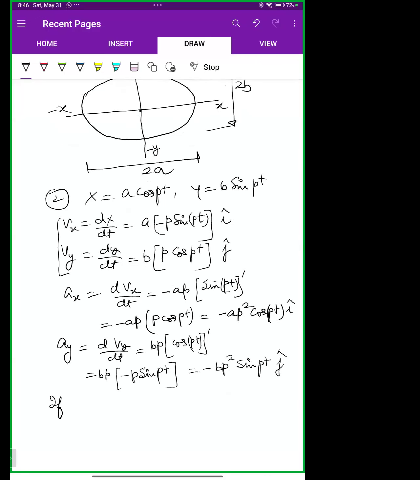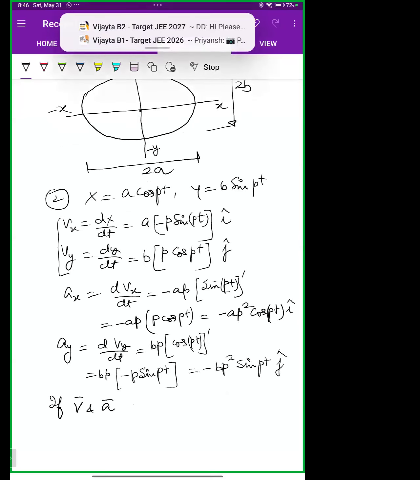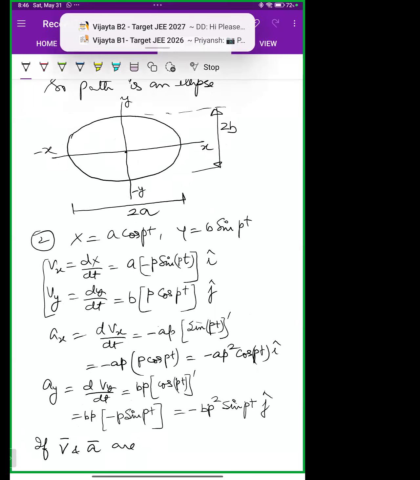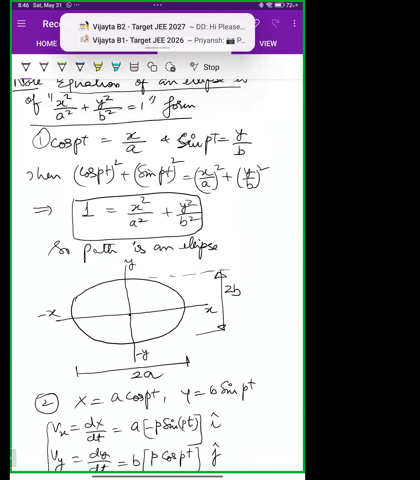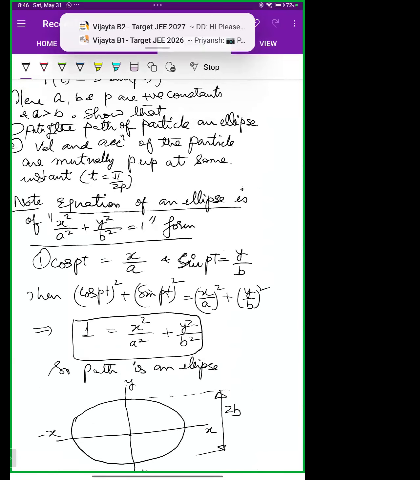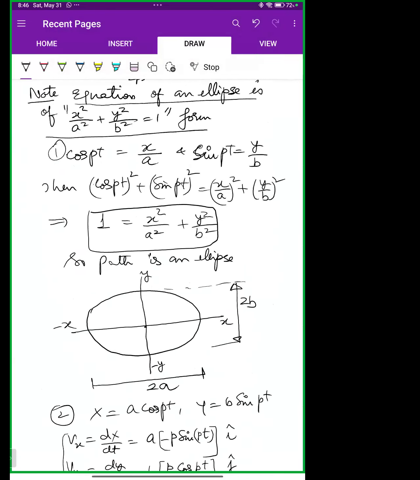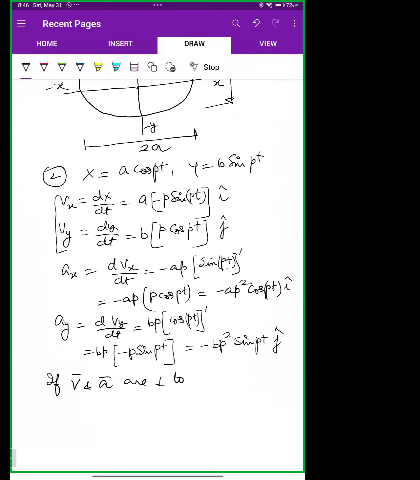If V and A are perpendicular to each other, what is the condition of perpendicular to each other? Dot product is 0. Yes, dot product should be 0.